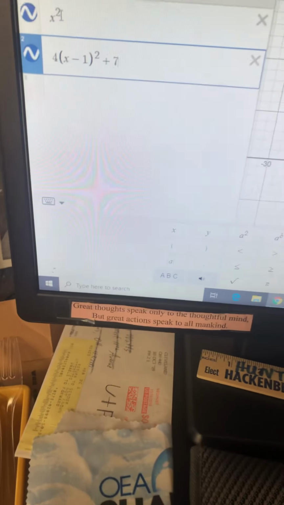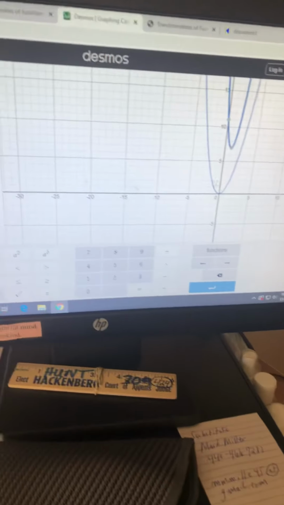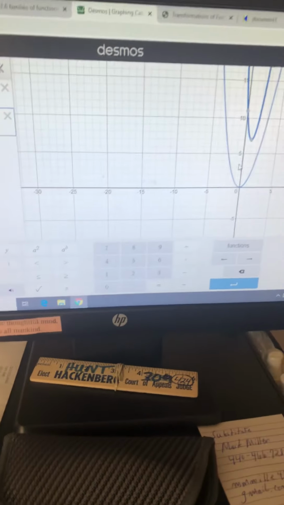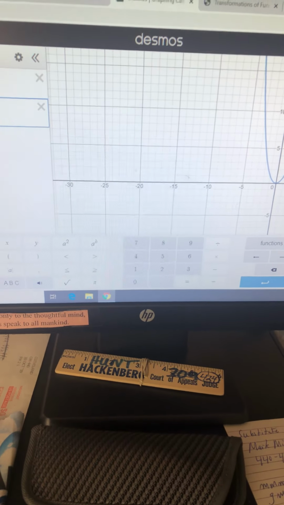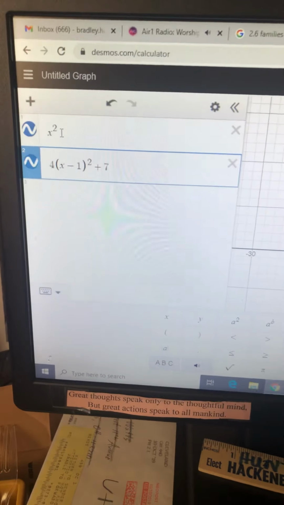You could actually change these to cubed and see what happens. Changing it to squared helped me understand it a little bit better. So use that Desmos calculator so you can actually see what's going on in a graph. Good luck.